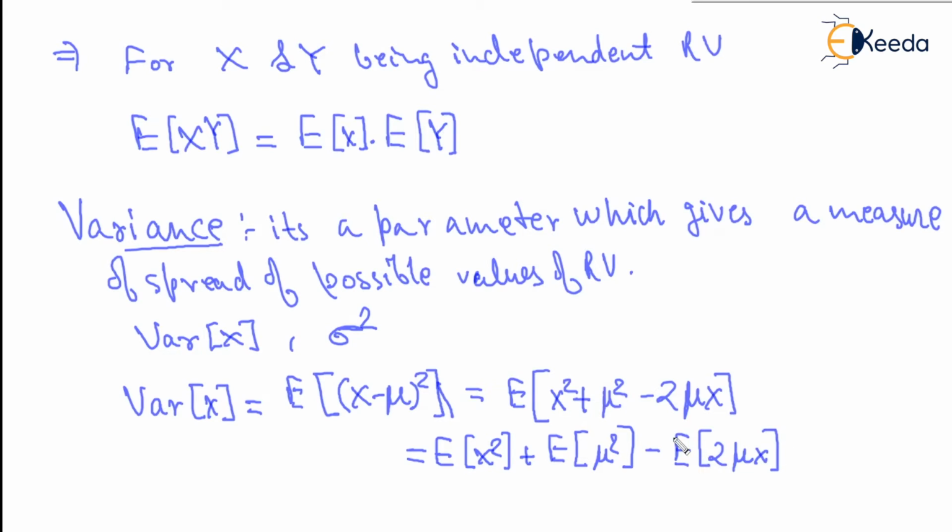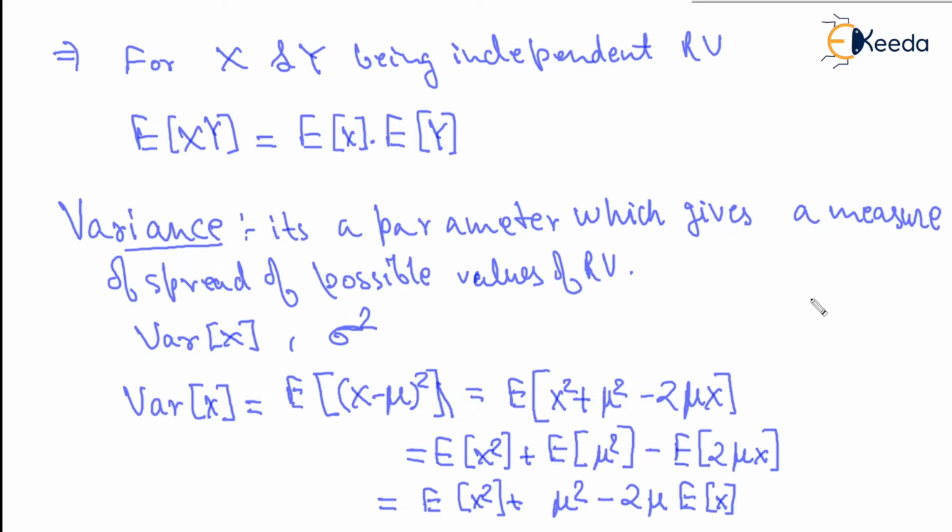Now we have seen the property of expected value that the constant can be taken outside. Now what is this mu? This mu is the mean value, which is a constant now. So this makes it E of x square plus mu square. This 2 and mu are both constants, 2 mu E of x.